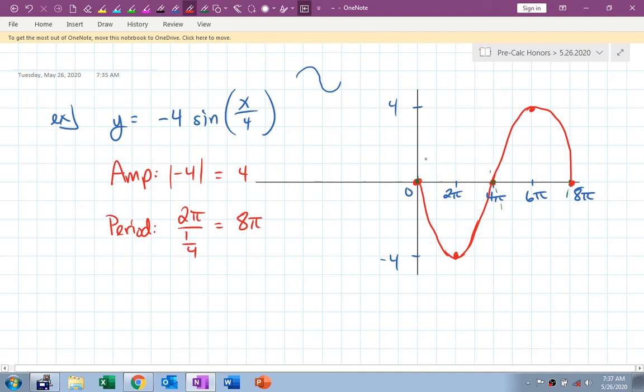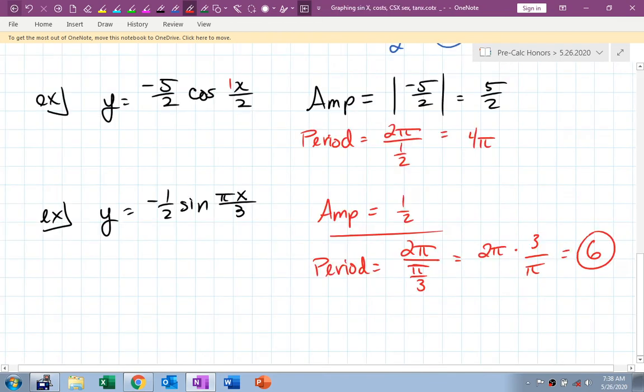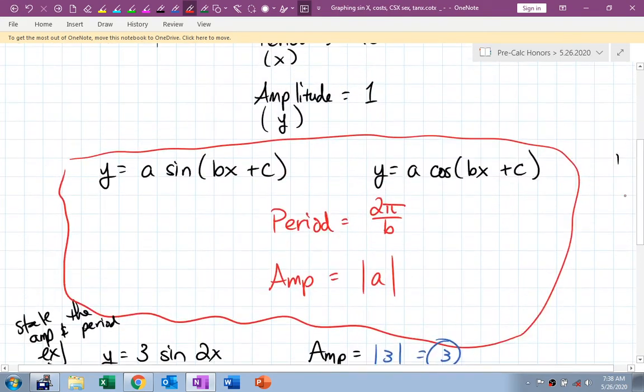Okay. Let's see if we can do a few more of these. Oh, I forgot something on our general equation. I'm sorry. Just to go back to it, you can always say plus D. Because if you add something to it, it just shifts it up and down.